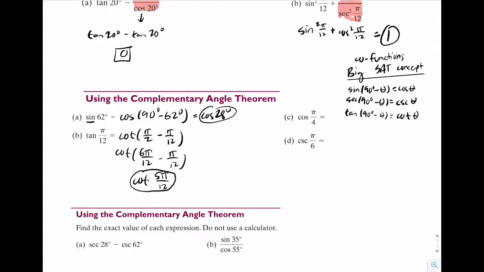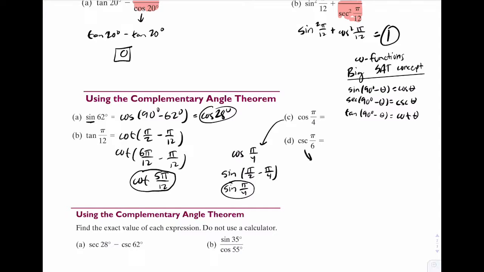So for the next two, I'll move C over there. You want cosine of pi over 4. Change that to sine. That's going to be pi over 2 minus pi over 4. And that's going to be sine of pi over 4.